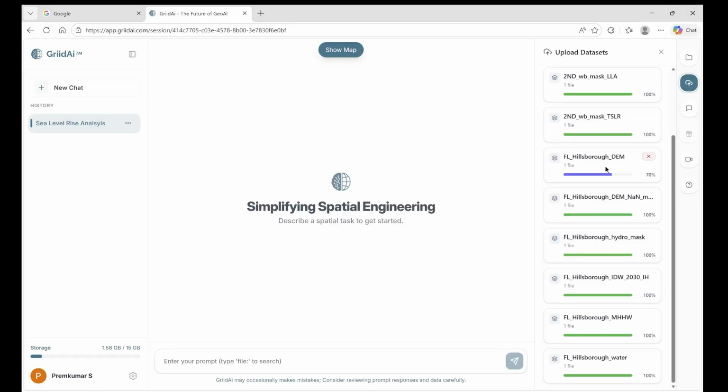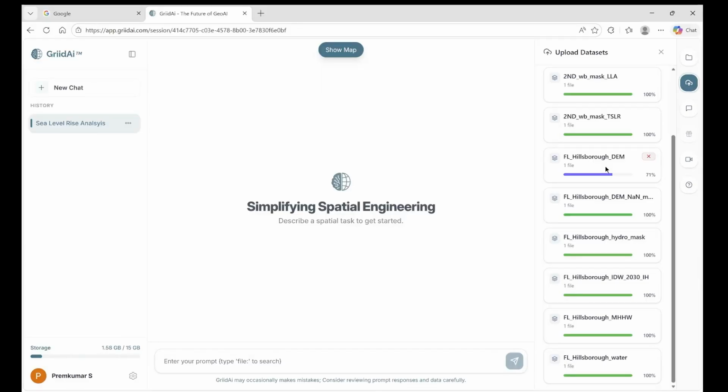We are using it for the analysis so that for any infrastructure constructed across coastal boundaries or coastal regions, we ensure that the water doesn't intrude on those infrastructures if they are constructed above the mean higher high water. That's the very purpose of having the MHHW dataset in this analysis.